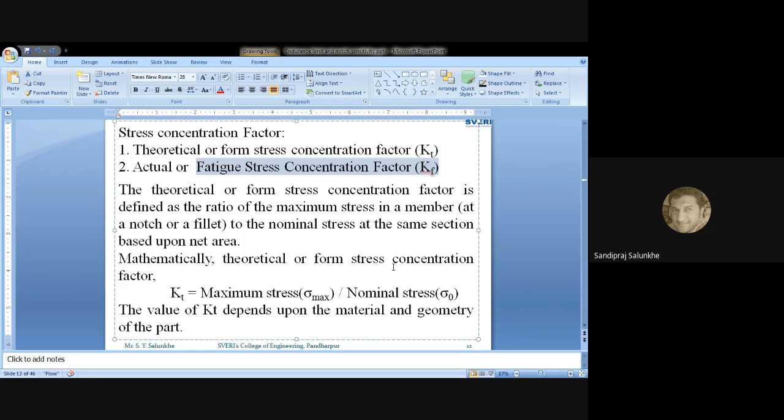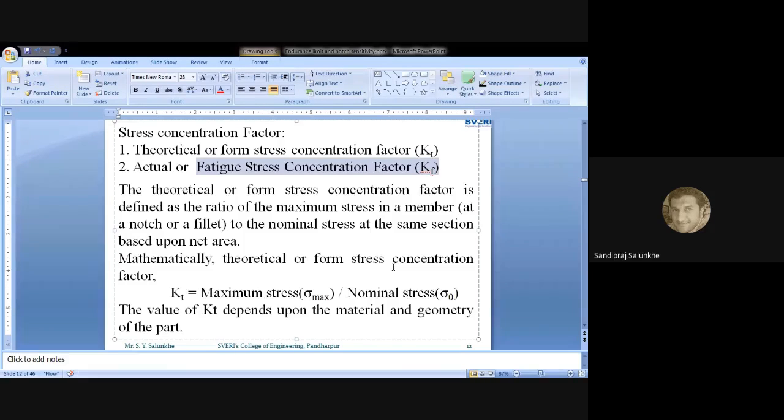This notch sensitivity, denoted by Q, is accounted for in calculating from the theoretical stress concentration factor, and it comes from experimentation. After a number of experiments, we arrived at the conclusion of how to calculate that Q value.